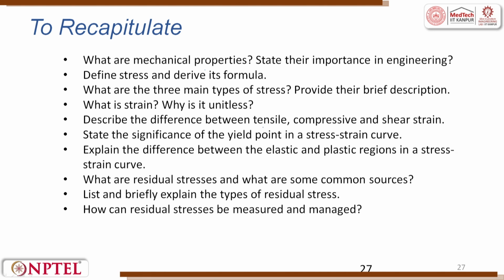What is the difference between tension, compression and shear? What is the significance of the yield point in a stress strain curve? What is the difference between the elastic and plastic region in a stress strain curve? What are residual stresses? What are the different types of residual stresses? How are residual stresses measured and what is their influence?